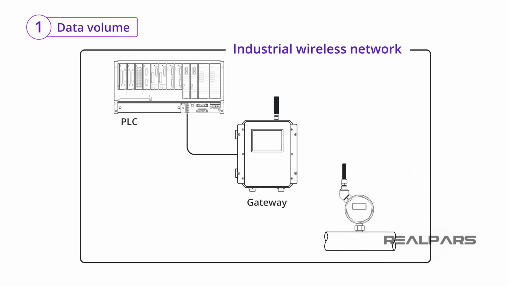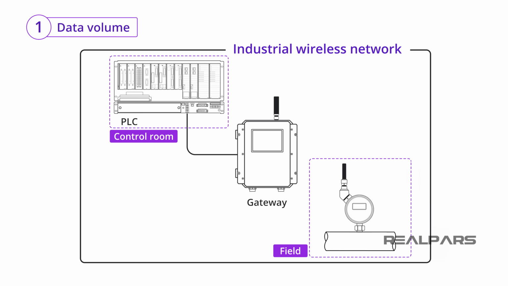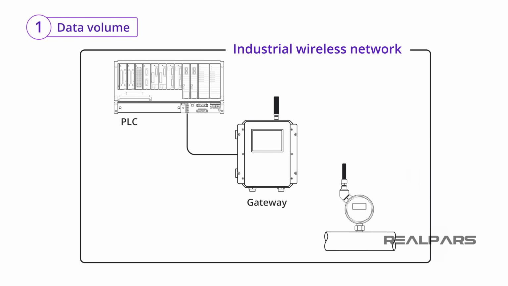This represents only a few words of data that are sent from a device in the field to a controller in the control room, wirelessly every few seconds. So, in an industrial wireless network, we send tiny packages of data in a relatively short period of time about the status of an industrial process.